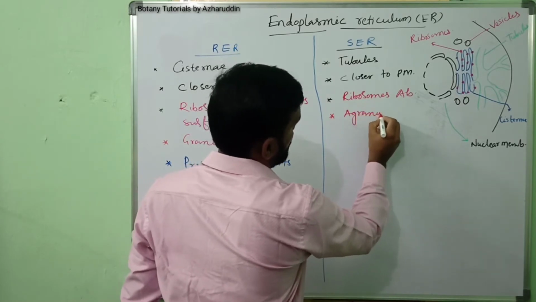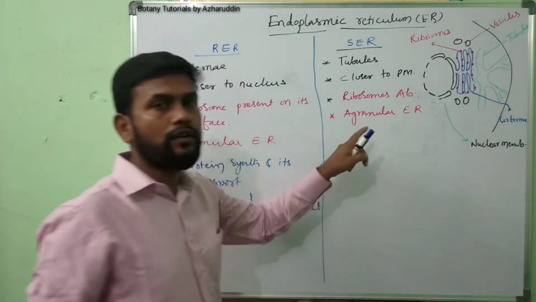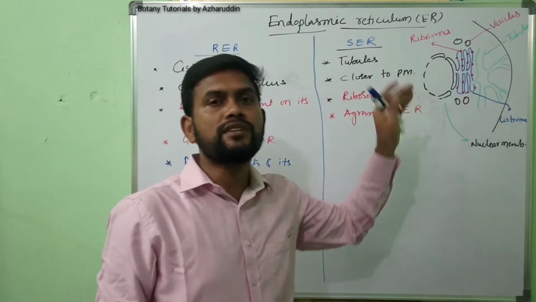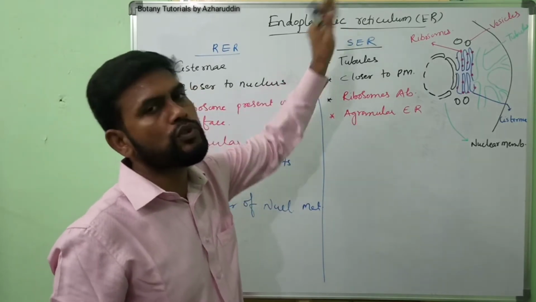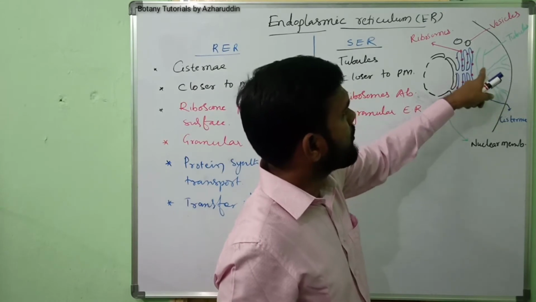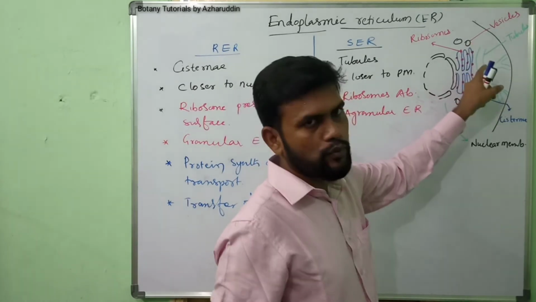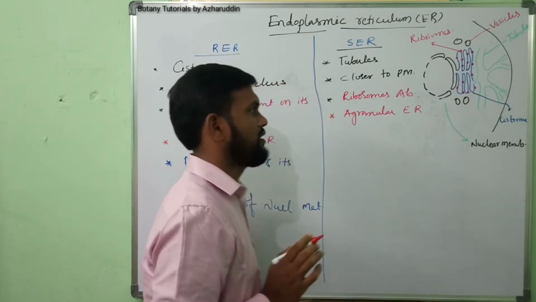Why is it called agranular? Ribosomes are absent on its surface, so it is called agranular or smooth endoplasmic reticulum. See in the diagram, there is no ribosome on its surface.